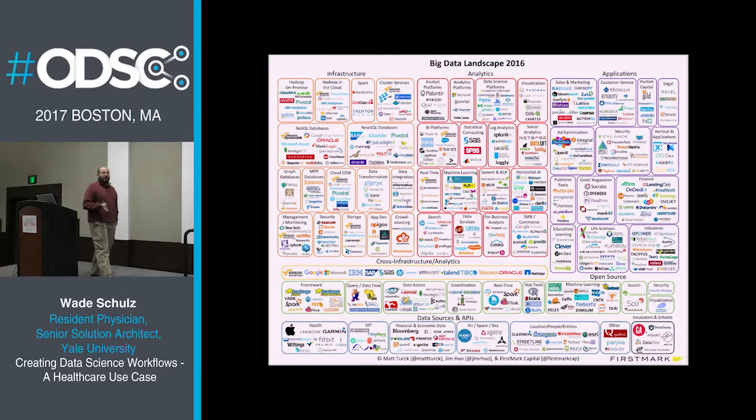One figure that people who have been doing data science are probably familiar with is this big data landscape, which they try to update about every year and which lists pretty much all of the tools or major software applications that people in data science and data analytics use and touch. This is a huge number of applications, and in reality none of us know, at least in detail, more than probably a handful of them.